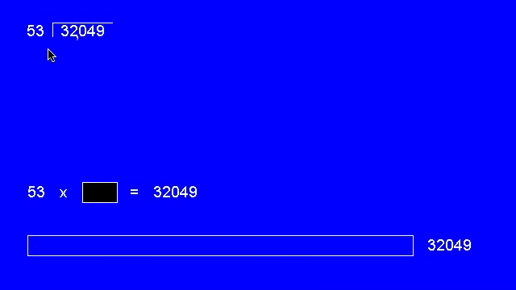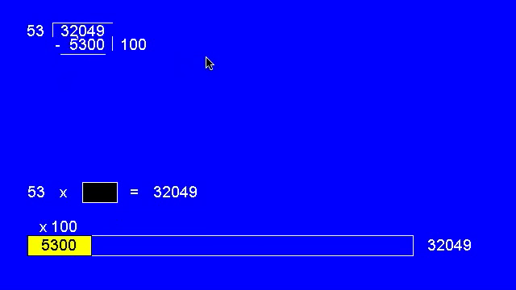Here's another example. 1,000 multiples of 53 would be too high, so we start with 100. So that accounts for 5,300 of the 32,049. Remainder is 26,749. So twice that would give us twice that.